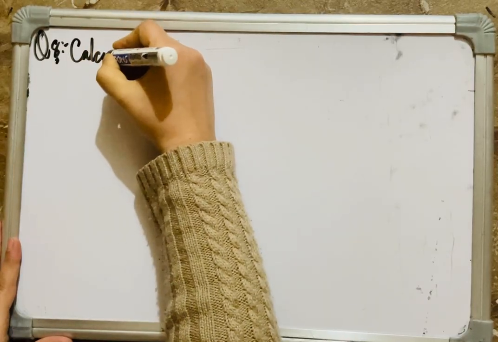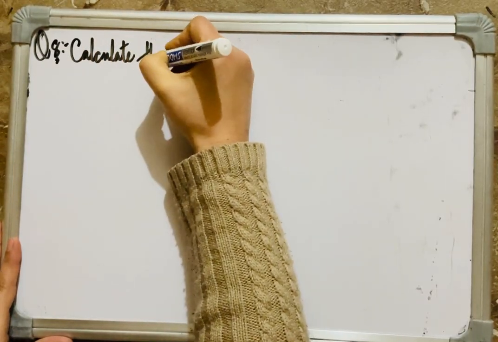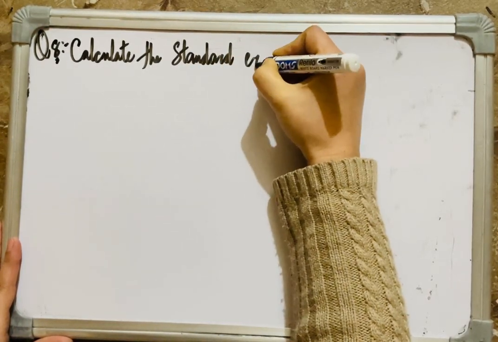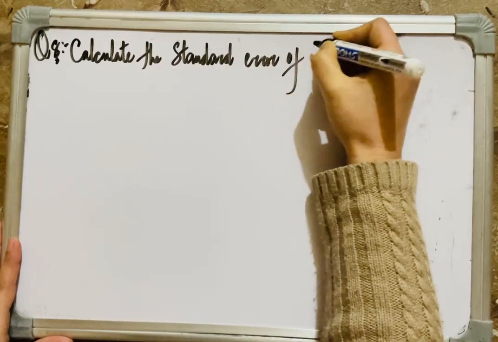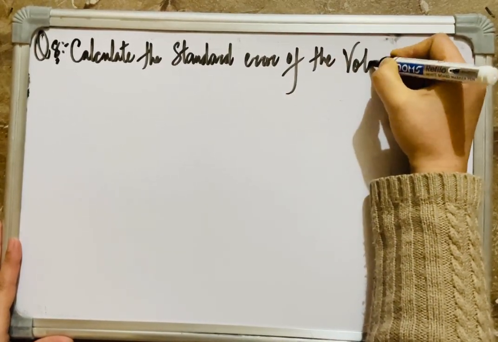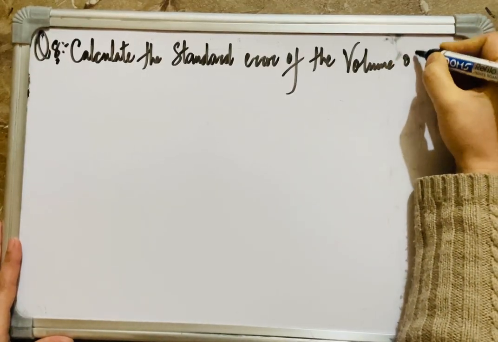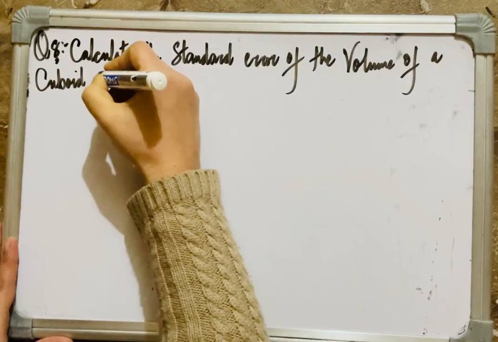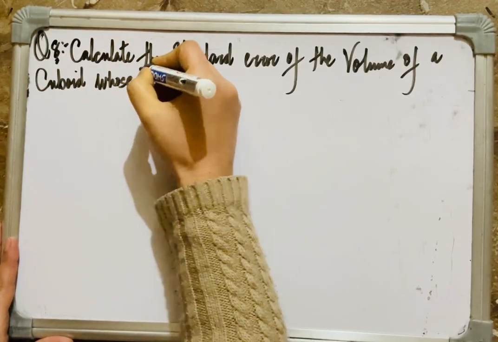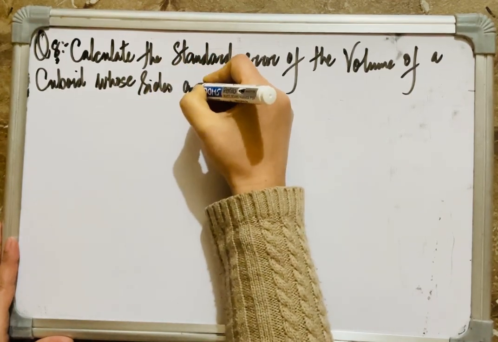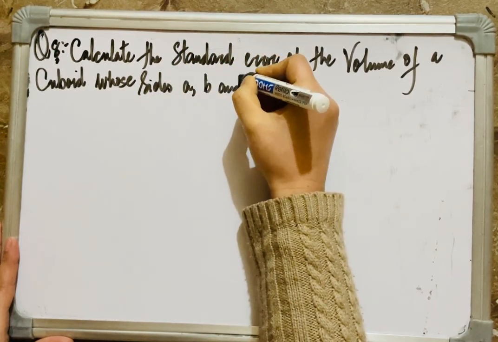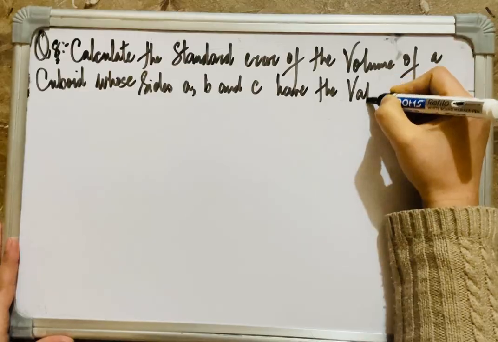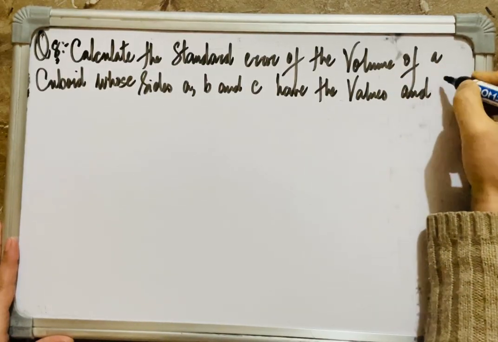Calculate the standard error of the volume of a cuboid whose sides A, B, and C have the values and standard errors as under.